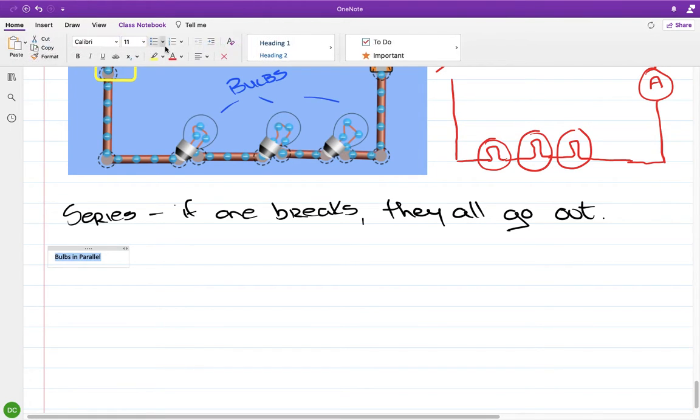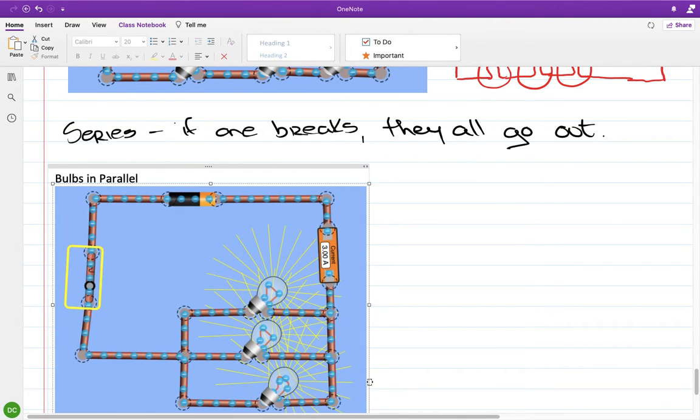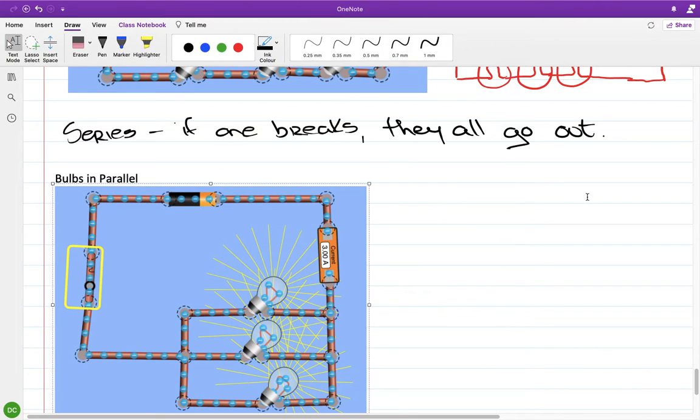Okay, so bulbs in parallel, just make that a bit bigger. All right, so there you go. And again, if I was drawing it, there's my battery, wire, ammeter, go down.